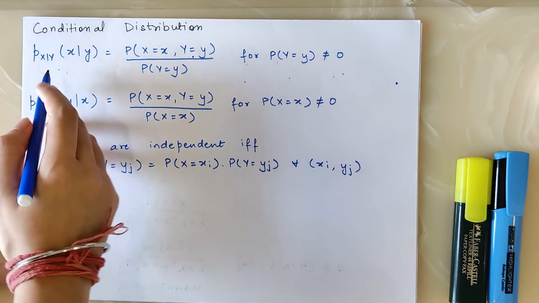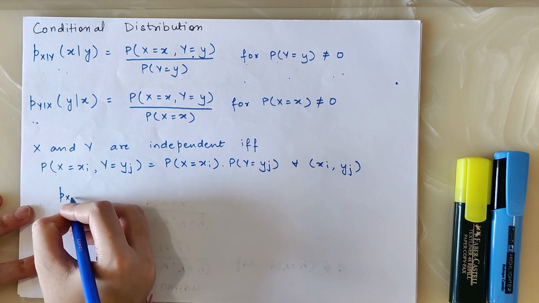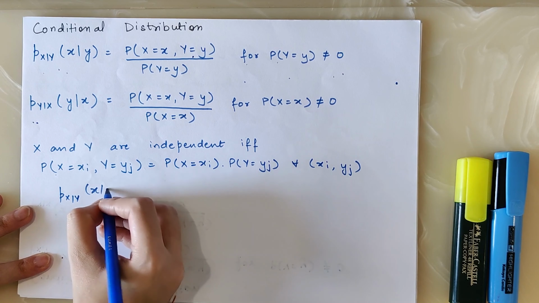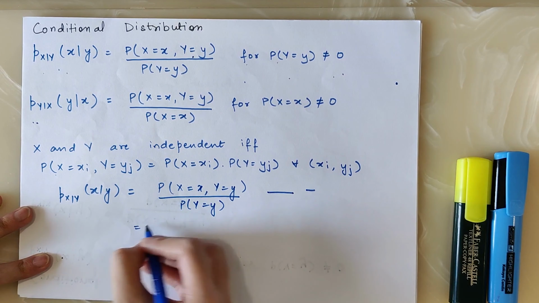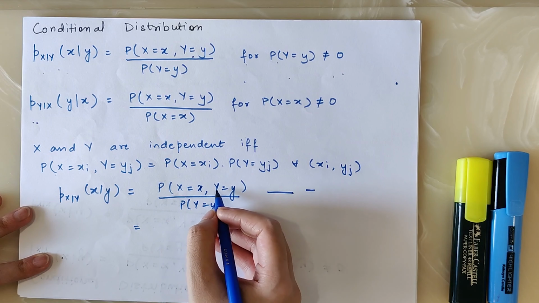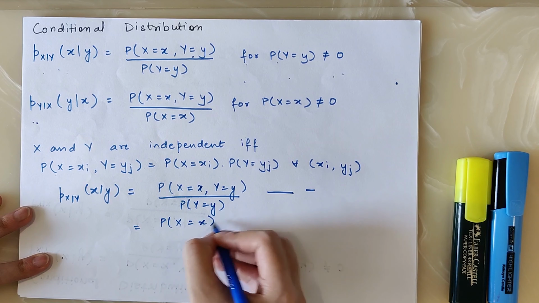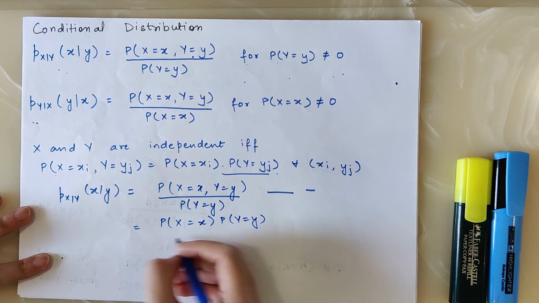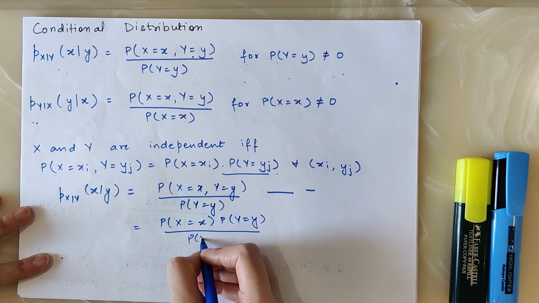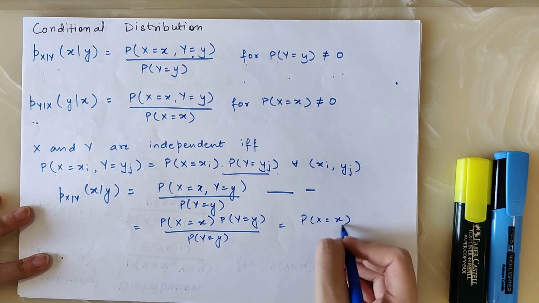Now let's see what happens to the conditional distribution if these two are independent. Let's say pxy, x given y. Now we have this particular equation: probability x is equal to x, y is equal to y is actually probability x is equal to x times probability y is equal to y, given that these are independent, and probability y is equal to y cancels, which is equal to probability x is equal to x.